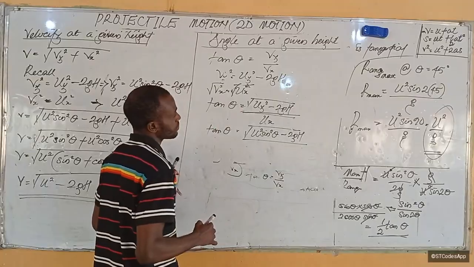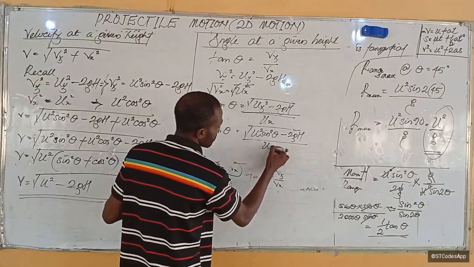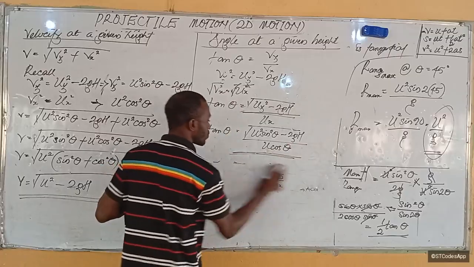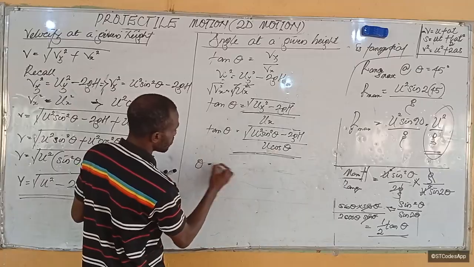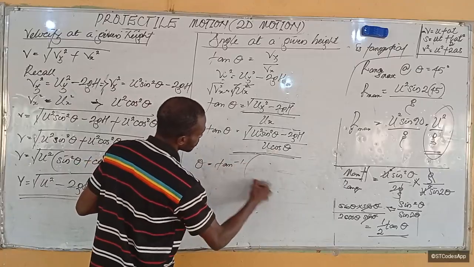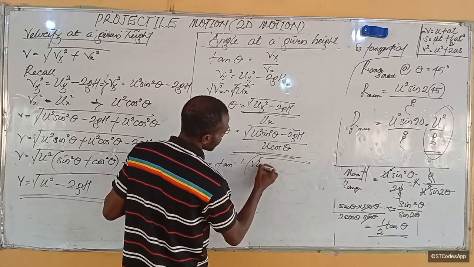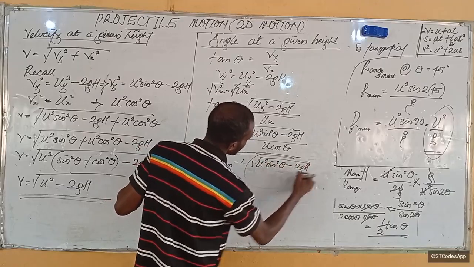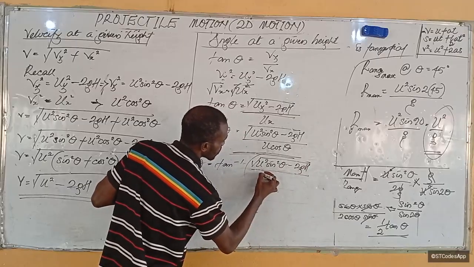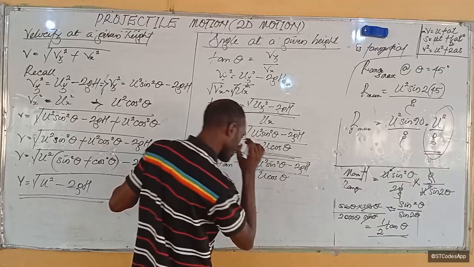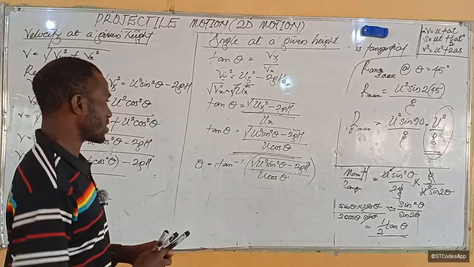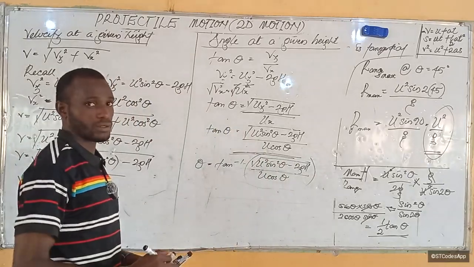What will U sub x be here? It's going to be U cos theta, the same thing. So theta will therefore be the tan inverse of the square root of U squared sine squared theta minus 2GH over U cos theta. Okay? So that's the formula that we'll need.